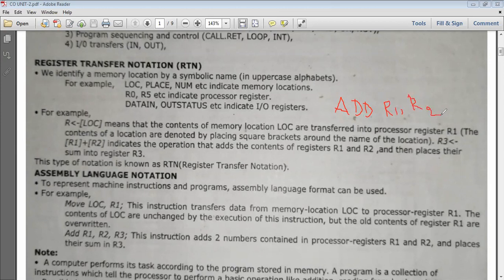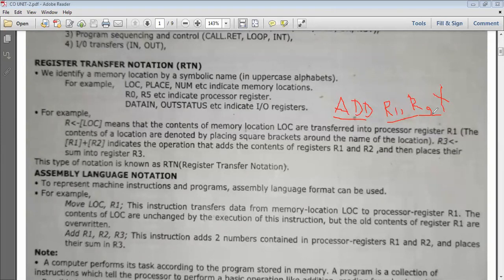What is the meaning here? By knowing this instruction, we understand that an addition operation is performed between the two registers. But this add R1 comma R2 is not understood by the processor.